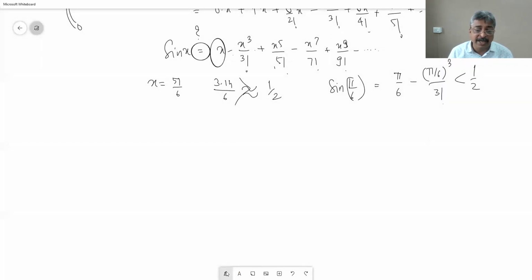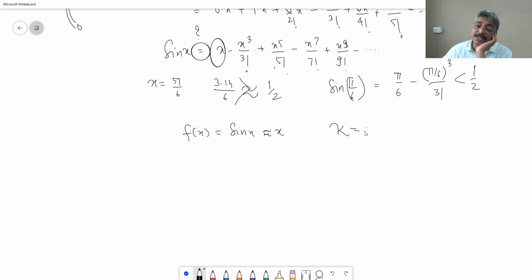Suppose I say f of x is equal to sin x is approximately equal to x, when my base value was equal to 0. So 0 is my base point. I am substituting x is equal to 0, therefore I am getting this power series.